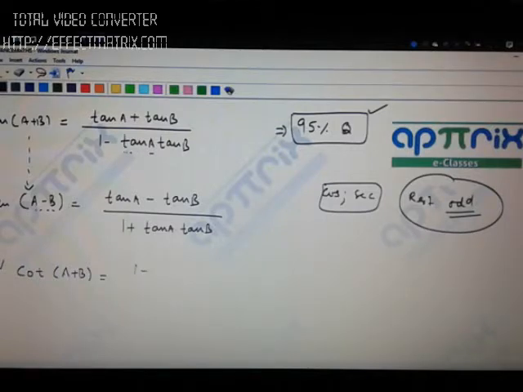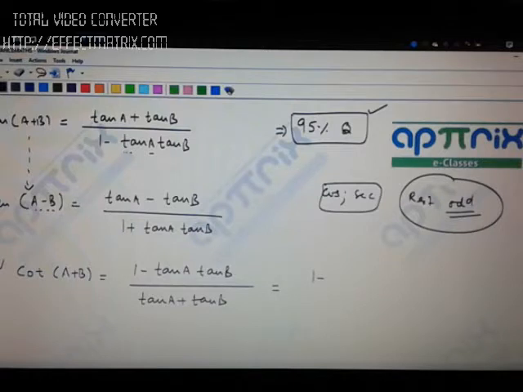So it will be 1 minus tan A tan B divided by tan A plus tan B. But if you want to write the right hand side in terms of cot, what you need to do is put all tan values in terms of cot.